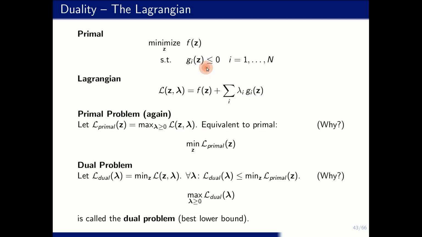Recall, feasible means that all the constraints are fulfilled. This means all the g_i are smaller or equal to 0. So if you're in control of lambda, you cannot control this part, and if the point is feasible, all these guys here are negative or at most 0.